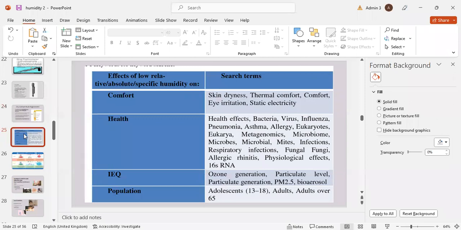Bacteria, viruses, influenza, pneumonia, asthma, and other microbes and mites all are affected by a decrease in humidity. IEQ: ozone generation, particulate level, particulate generation, and bioaerosols. Population: the most affected population is adolescents aged 3 to 18 years.